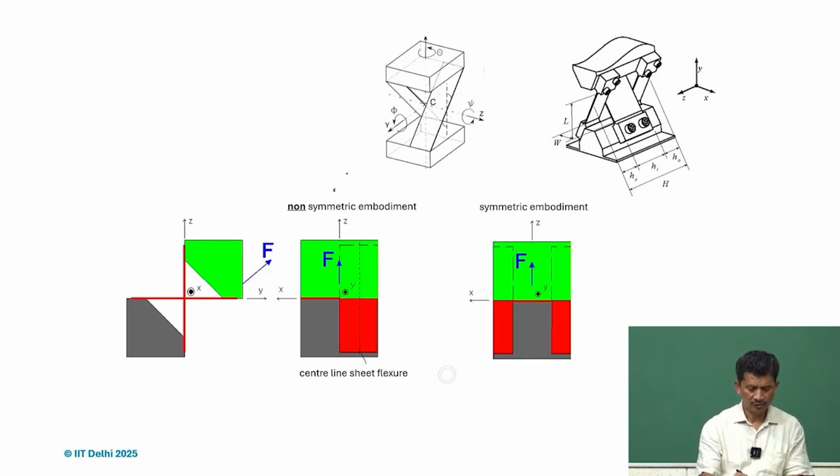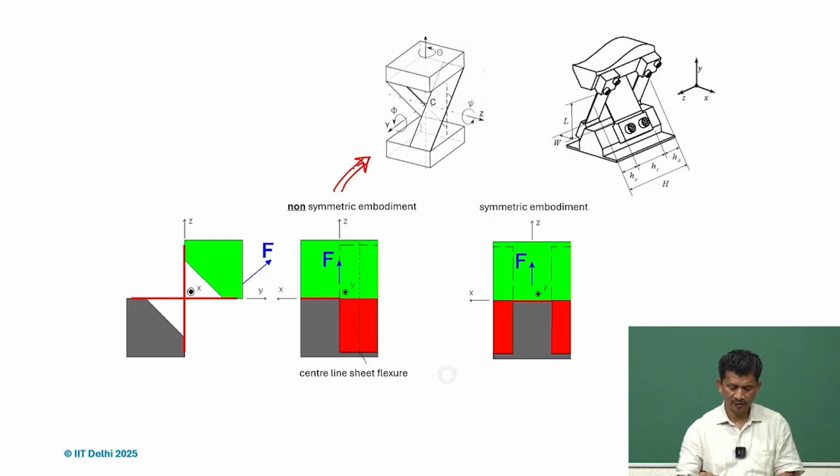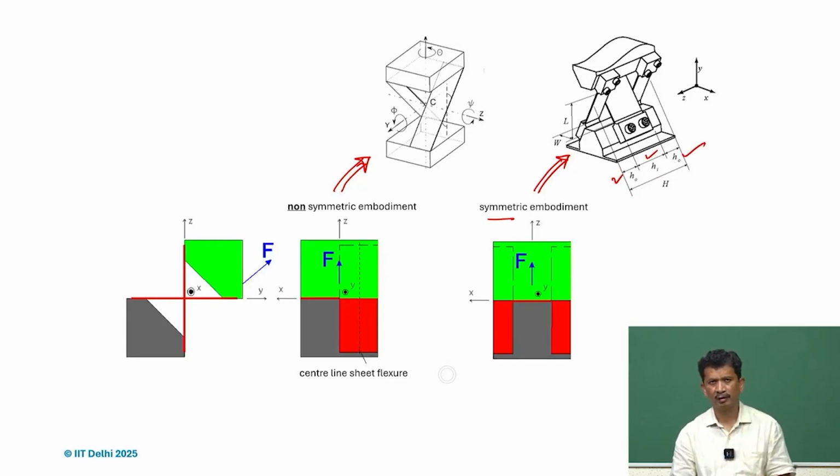So this is the non-symmetric embodiment, but we can get a symmetric embodiment of the same mechanism also. What we do is split and move to either side. You can see that if this is HI, the inner part, H naught will be half the width of the center section, and we split it and put it on either side, and we get the symmetric embodiment.